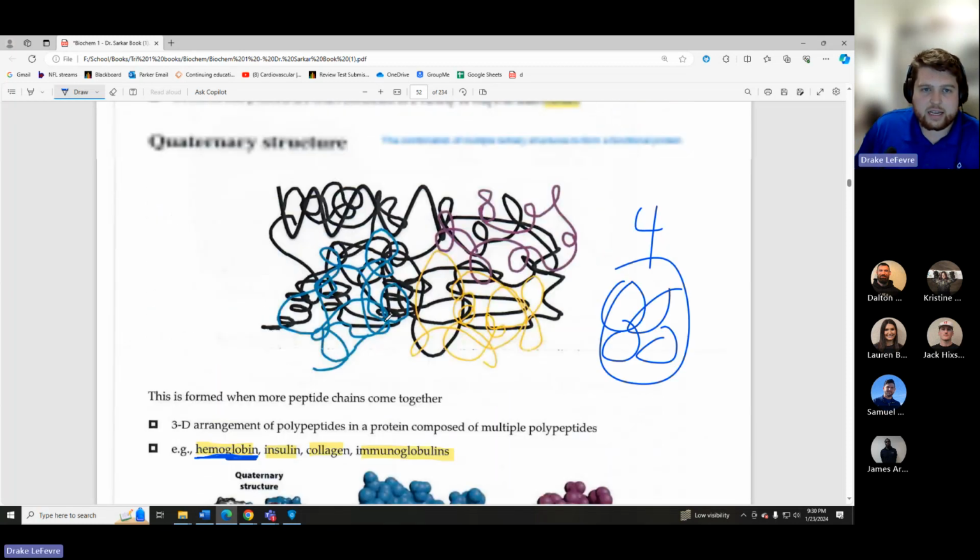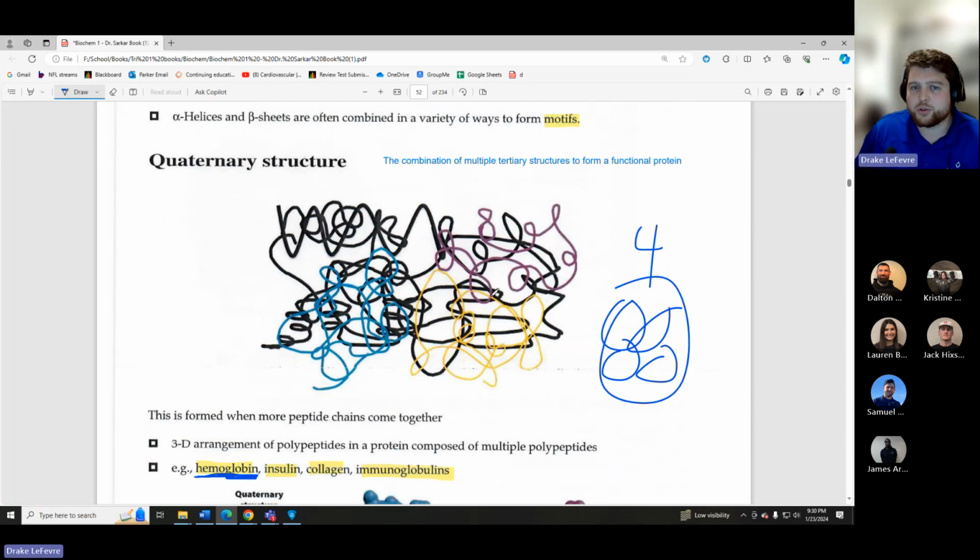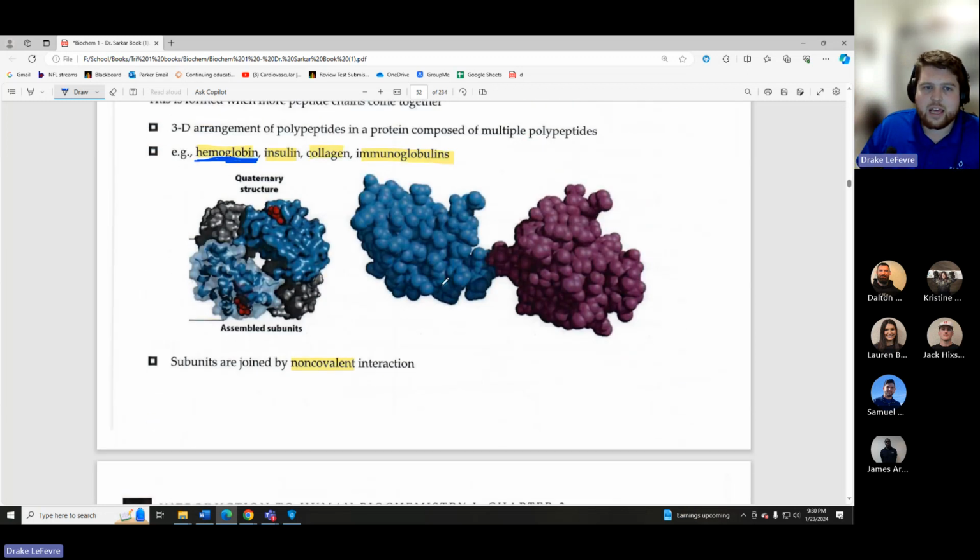So then these multiple tertiary structures will all come together and kind of sandwich and be all put together in order to form a quaternary, I can't even pronounce that, quaternary structure, whatever you want to say. It's the fourth stage.